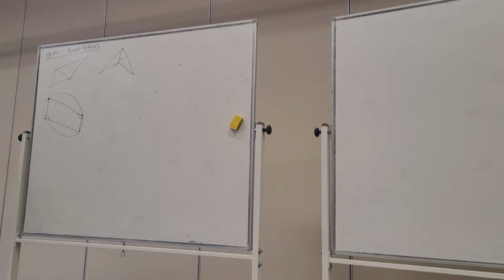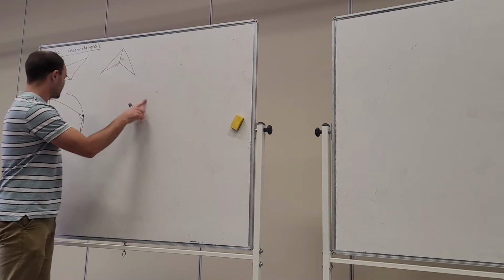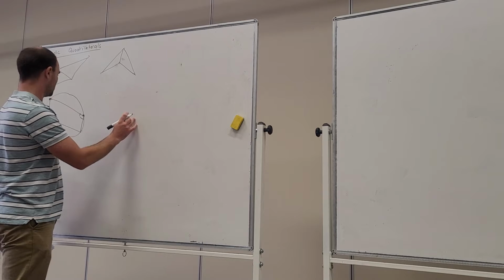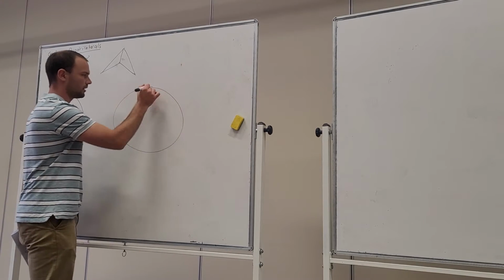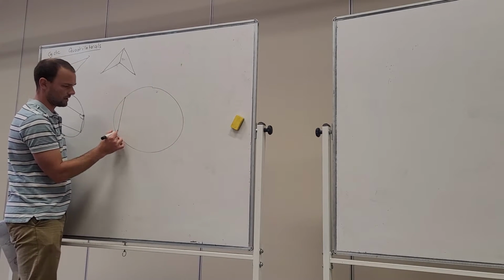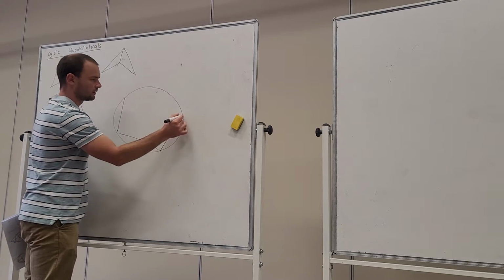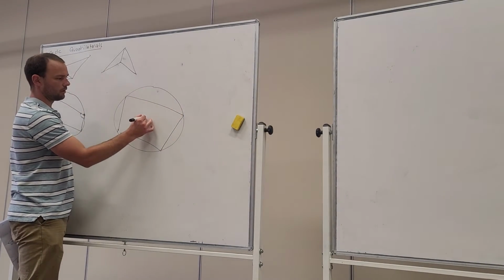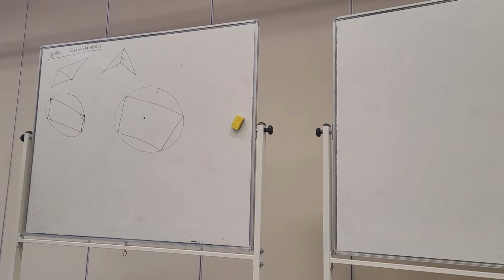So we're going to prove the theorem. I'll start with a circle, and I'll just draw roughly a square. All right, and we've got some point of origin here in the middle, point O. So what we're going to do, guys, we're going through the proof that cyclic quadrilaterals have opposite angles that are supplementary.